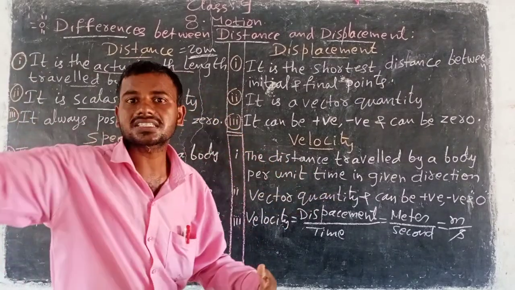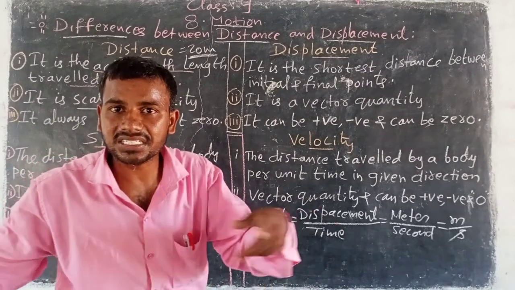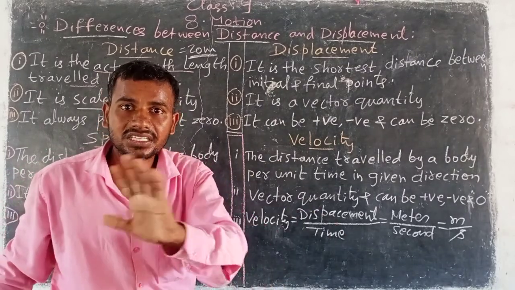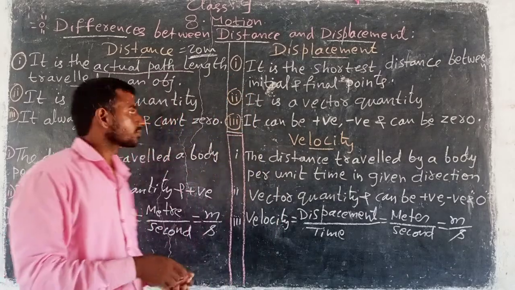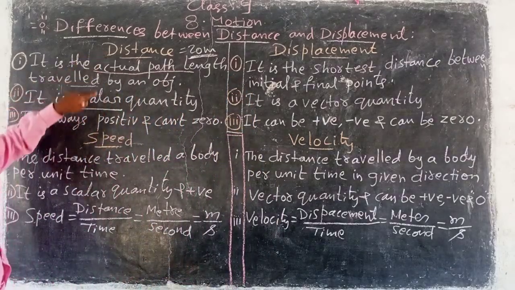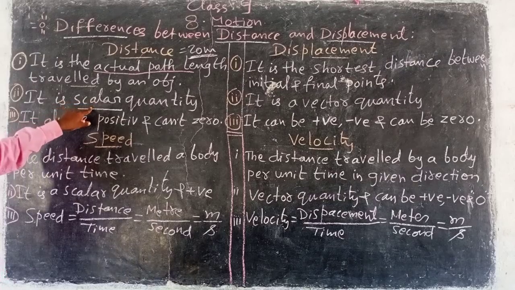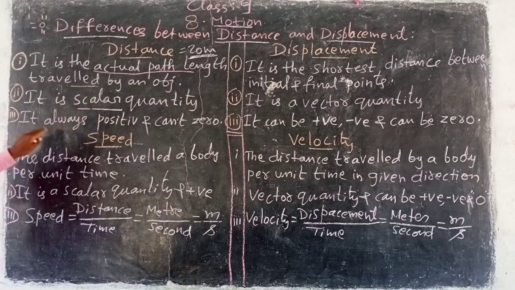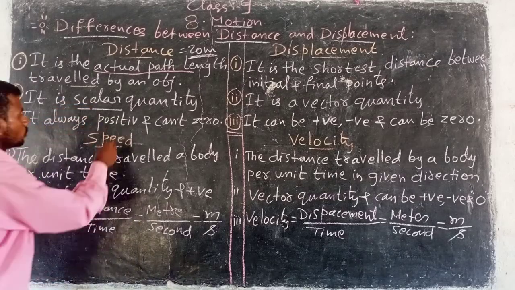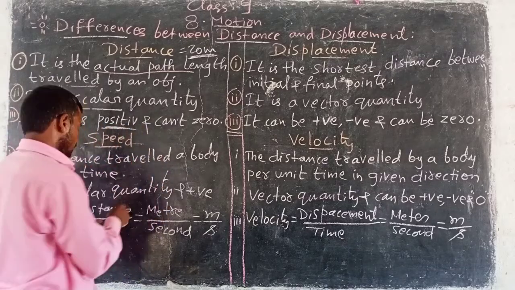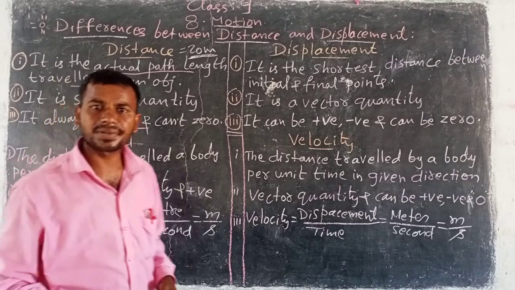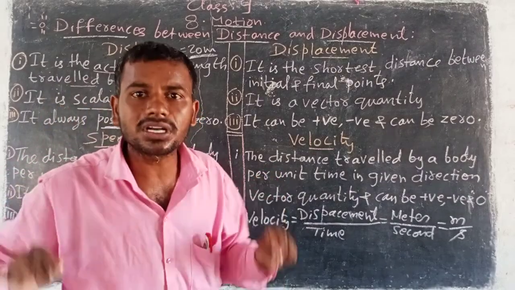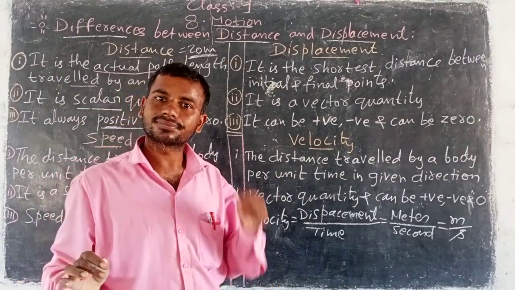I traveled in many directions, but direction is not important. Magnitude is important. So distance comes under scalar quantity. Distance is always positive. Distance can be measured in positive only. There is no negative.